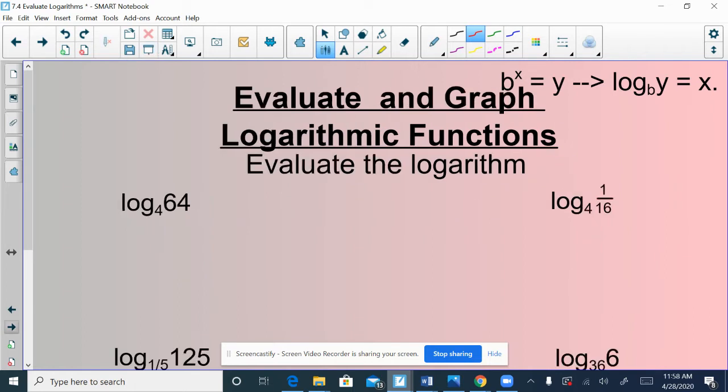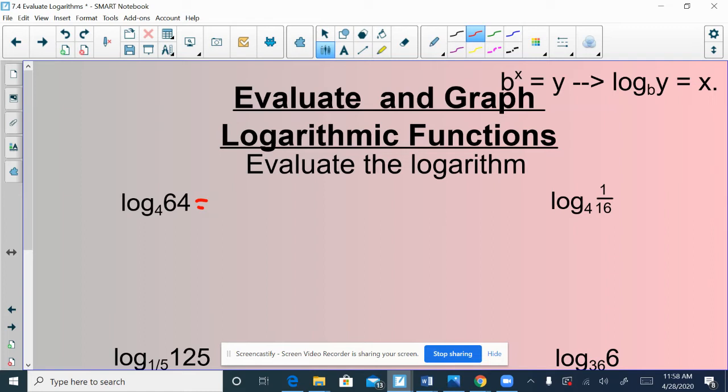We should also be able to use this to evaluate some logs. If I had this question here, log base 4 of 64, and I don't have the equals part. If I'm struggling with this, I could put equals maybe a variable there and solve for it, right?